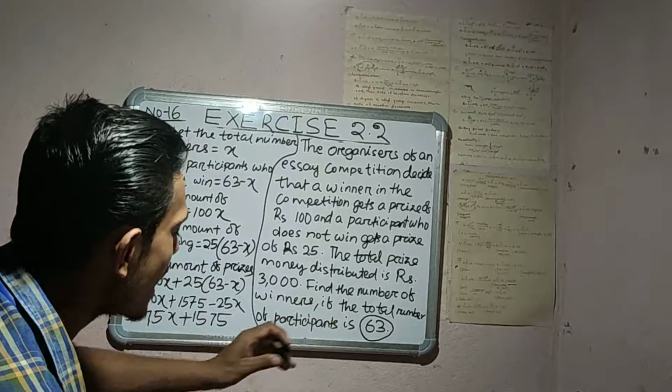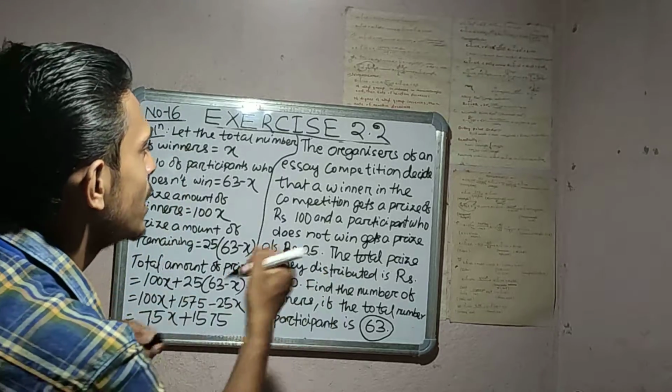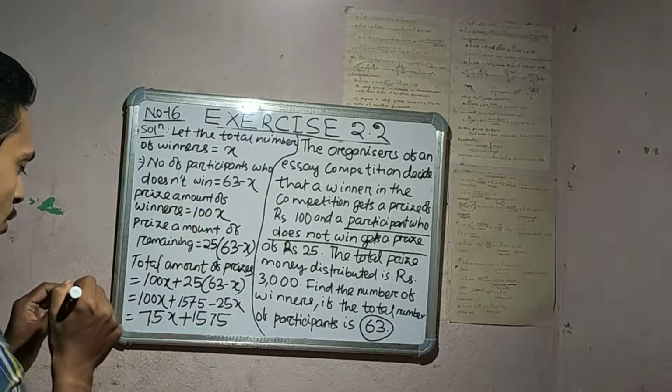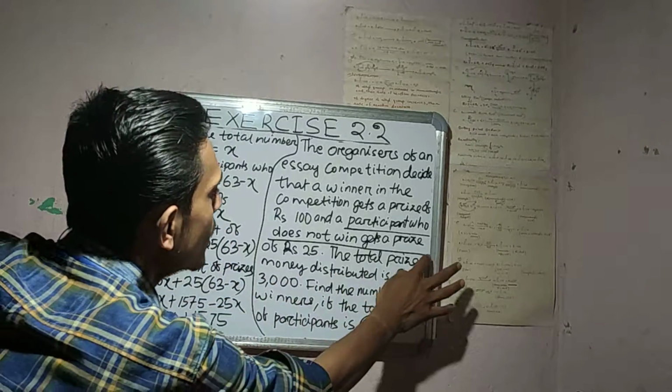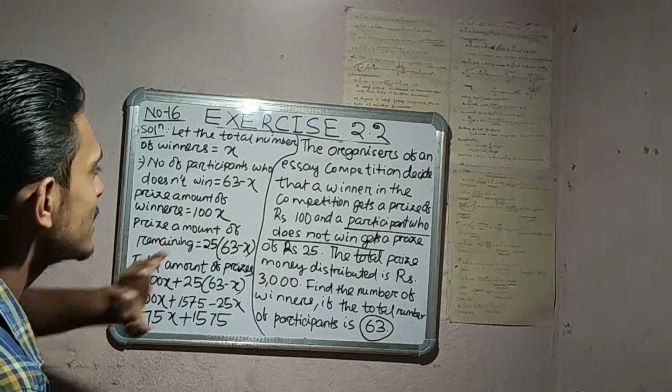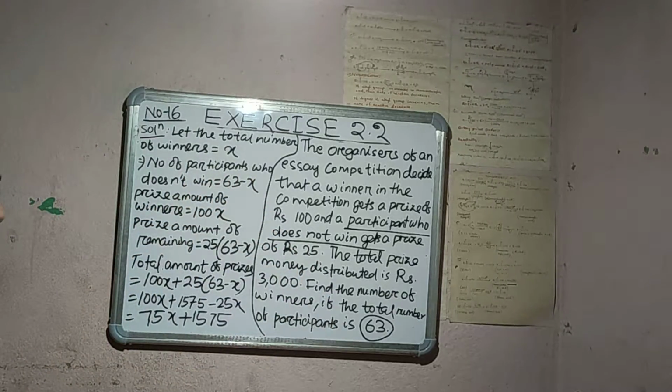If the number of winners is X, then the number of participants who do not win is 63 minus X, because the total is 63.